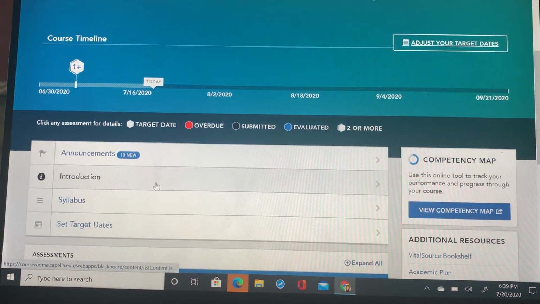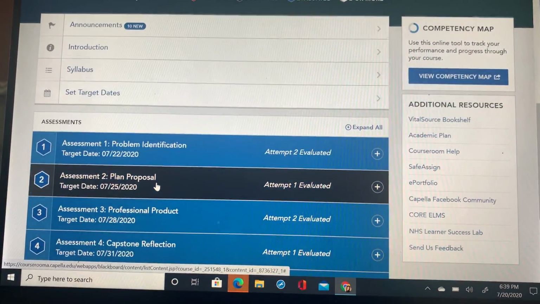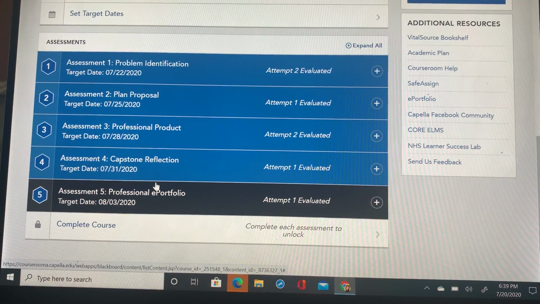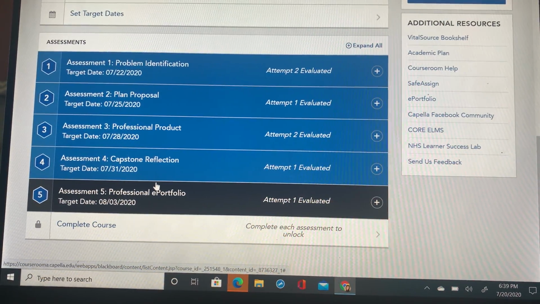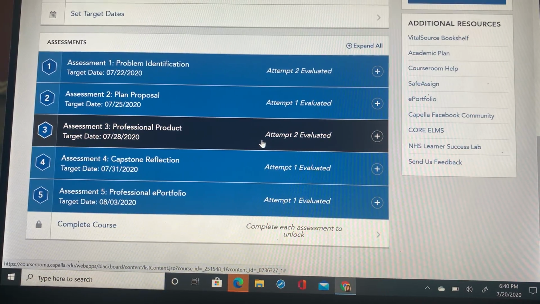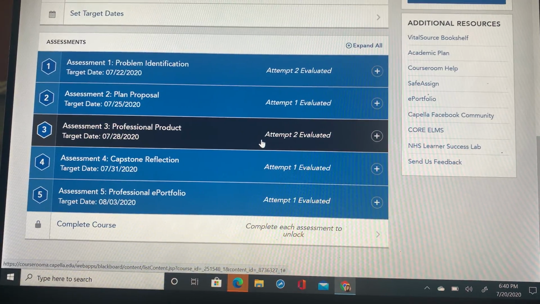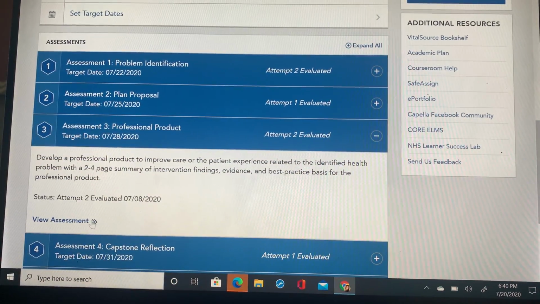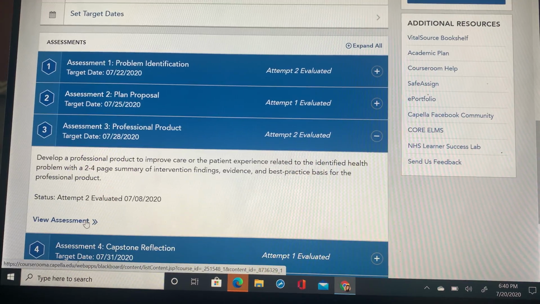So here's the capstone. Evaluated twice. So let's go there. View assessment.